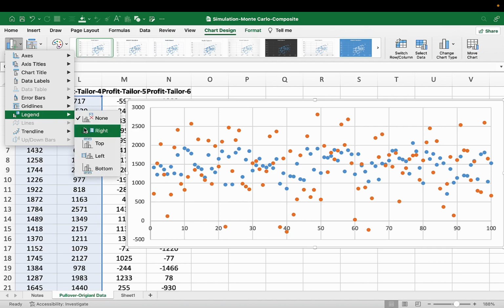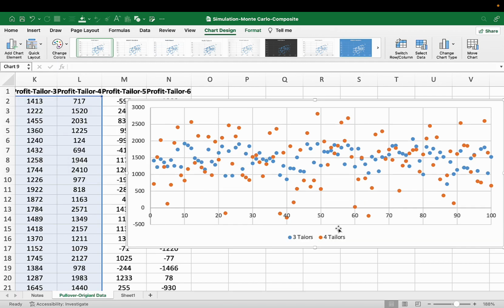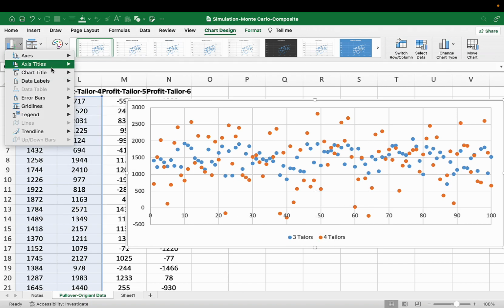So I want these legends to appear at the bottom, so I click here bottom, which means I want to see what this orange data represents and what this blue data represents. That will be legends, and I want it to appear at the bottom. So when I click at the bottom, it says that blue data points represent 3 tailors and orange data points represent 4 tailors. And the next thing is that I also want a title.